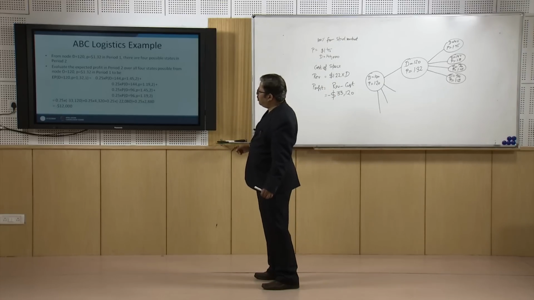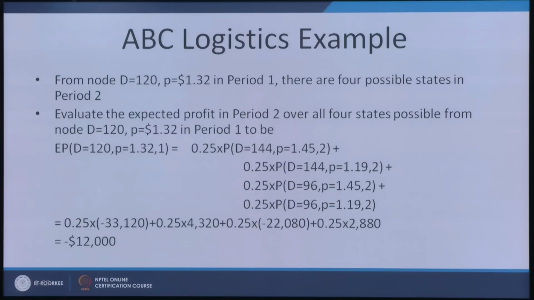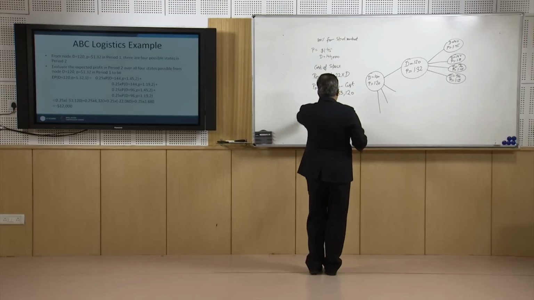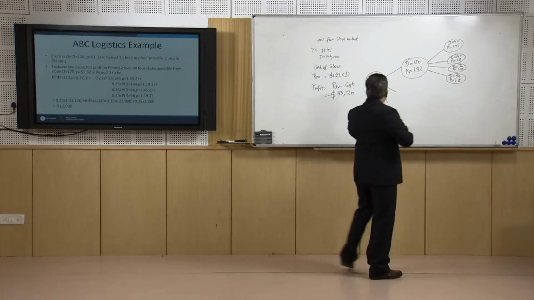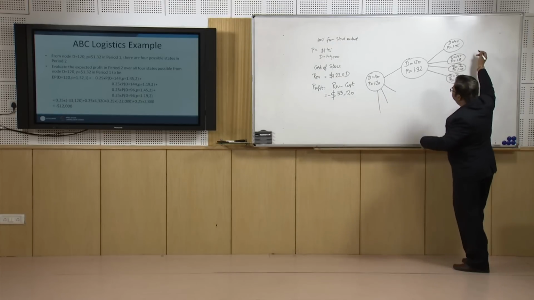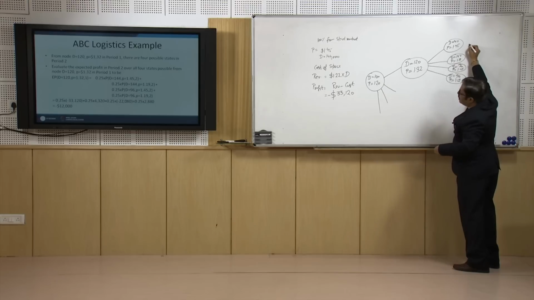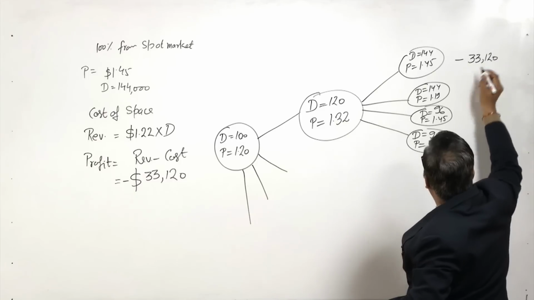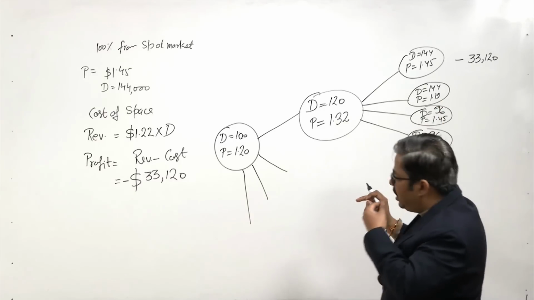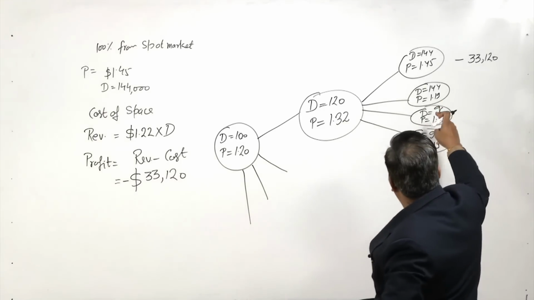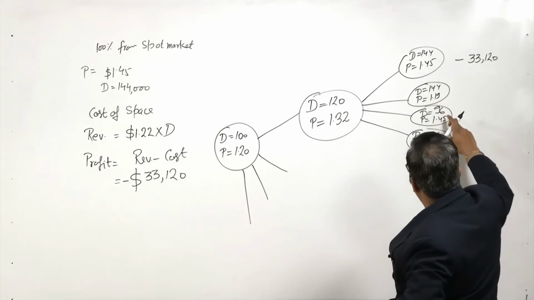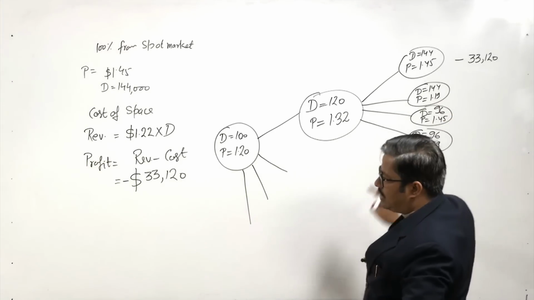Now we will evaluate the expected profit in period 2 over all 4 states possible from this. So like this, we have calculated the profit for the first case where it is minus 33,120. Similarly, you need to calculate the profit for this state also, for this state also, for this state also.